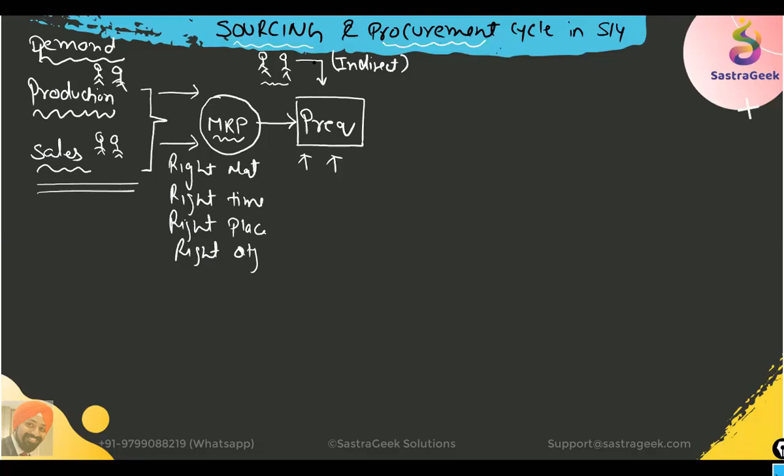Now here in S4HANA, there would be a new process which is called self-service procurement. This self-service procurement was not available in the earlier version of ECC. It's only available with S4HANA. The self-service procurement helps these guys to initiate their requirement easily.